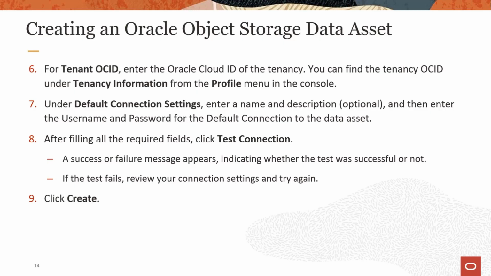Note that you can identify the object storage data source that you set up as a source or target dataset in data integration by its region ID, namespace, and bucket name. Even if the region IDs, namespaces, and bucket names are different in your source and target data assets, you won't encounter any issues.